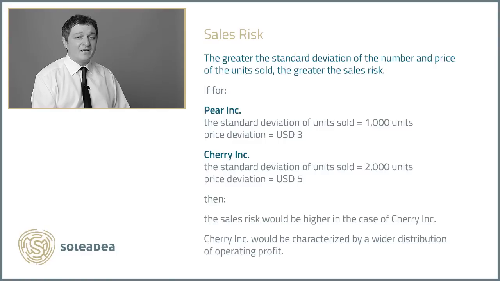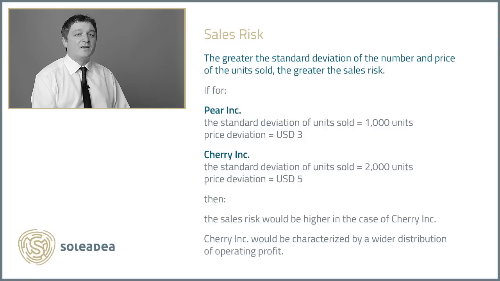Let's say more about sales risk. The greater the standard deviation of the number and price of the units sold, the greater the sales risk. In the case of Pear Incorporated and Cherry Incorporated, used in our first example, the expected sales, price and costs are equal.